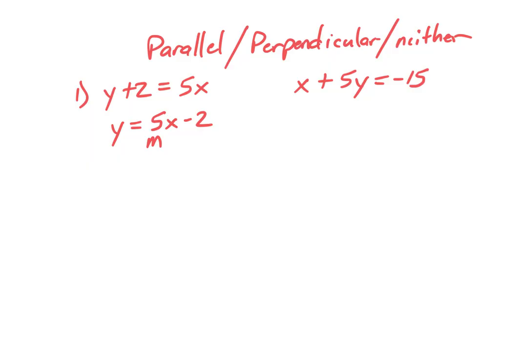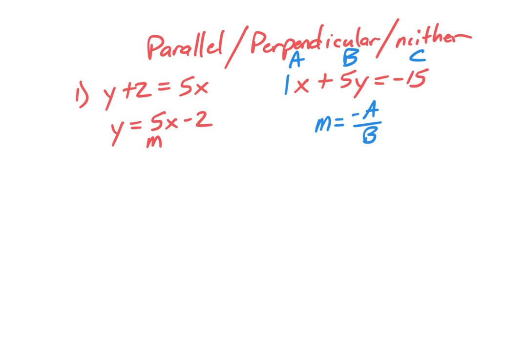But I did teach you that shortcut yesterday, right? So you could solve for y if you really, really want to, but a much easier way is to do the little shortcut. Now you got to remember that shortcut in order to be able to do it.